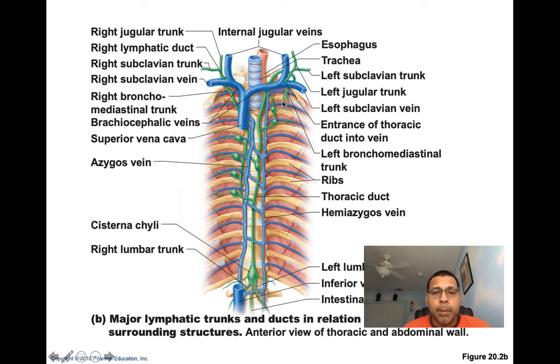Right down here, we can see the bronchomediastinal, and they're basically draining their areas. And then here, head and neck, and upper limb. They have a little short route as well, coming right in to where the thoracic duct enters into that subclavian. So the thoracic duct comes from all the way around here, turns, and makes its way into here. And just inferior to it, you've got the bronchomediastinal.